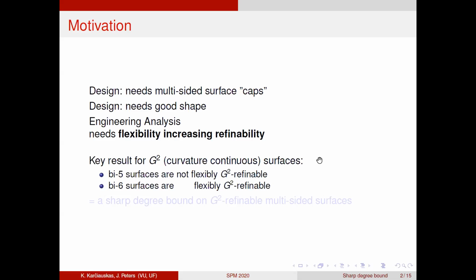However, for bi-6, there is such a solution, and it is not only flexibly refinable, but also produces good shape. Together, this means that we have both a lower bound of what allows us to be flexibly G2 refinable, and an upper bound in that we have a construction that actually allows us to flexibly G2 refine a given surface and functions on those surfaces. And that gives us this sharp degree bound on G2 refinable multi-sided surfaces.